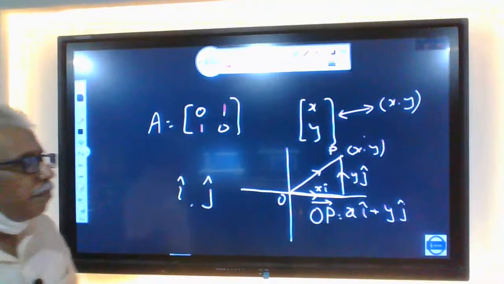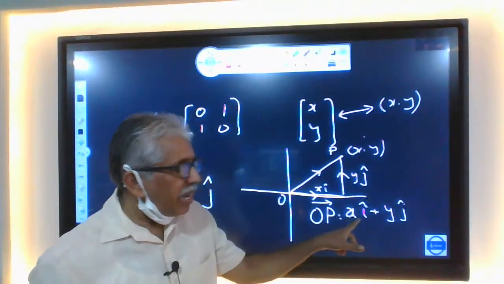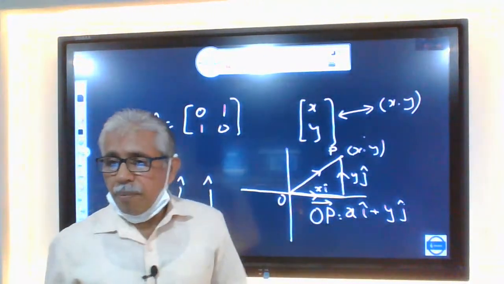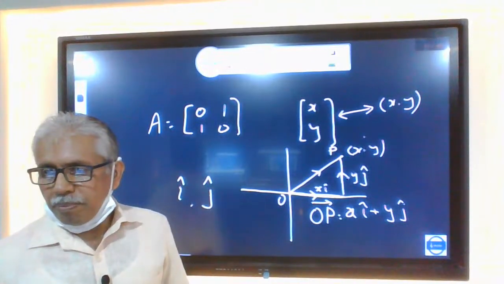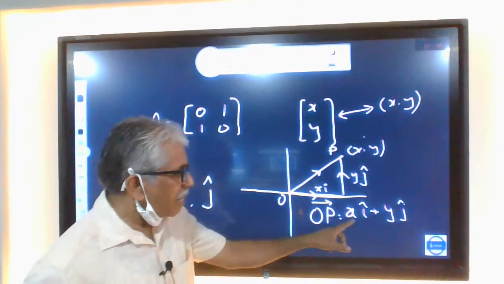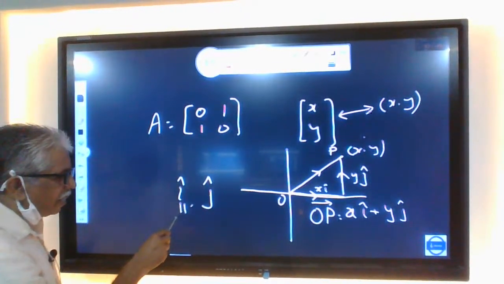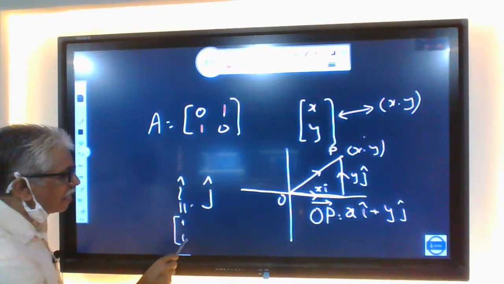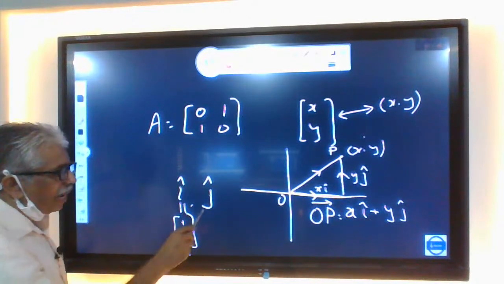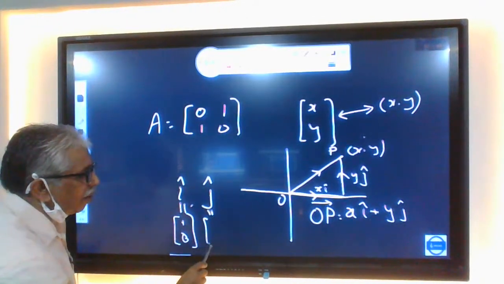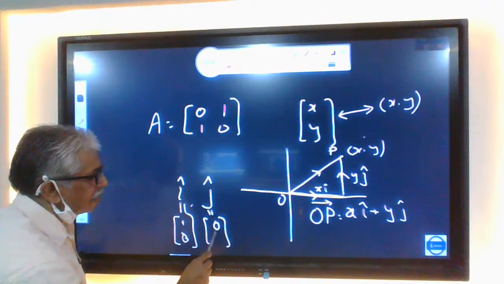So in that sense, any point can be expressed using i and j. But actually, what is i? i is the column matrix 1 0, is it not? And j is the column matrix 0 1.